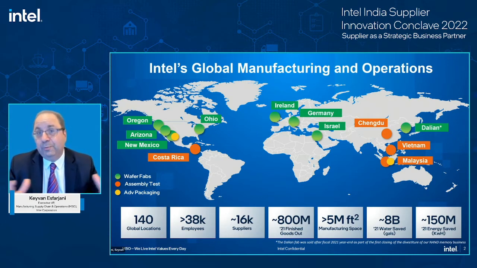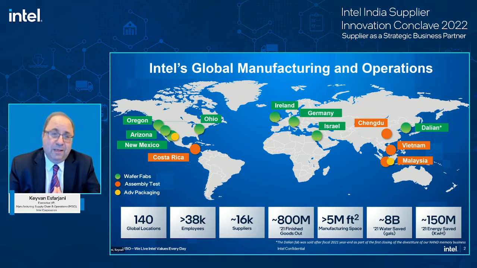The manufacturing supply chain operation, which I'm responsible for, has more than 38,000 team members, spanning from technicians all the way to PhDs. A large number of suppliers. We have more than 5 million square feet of manufacturing space, and so on and so forth.